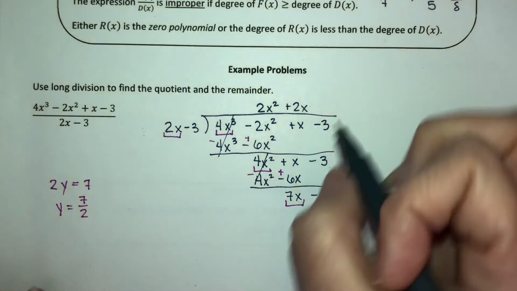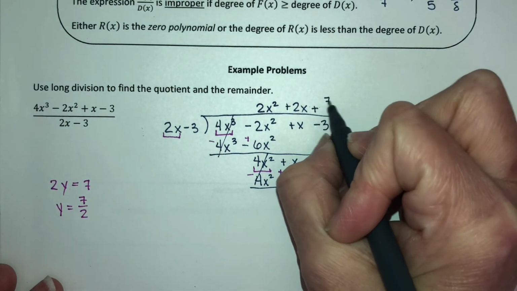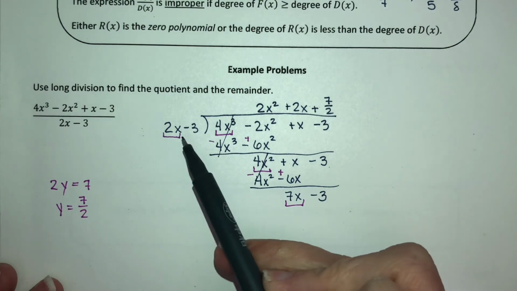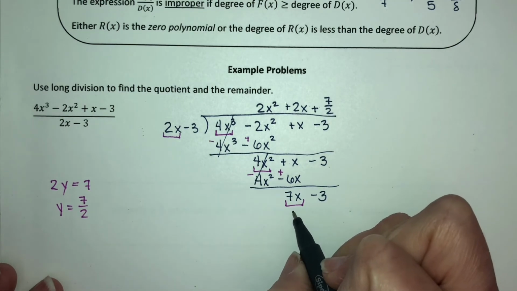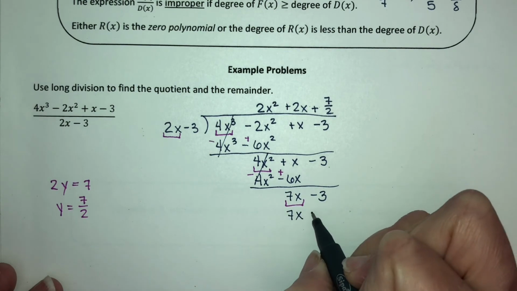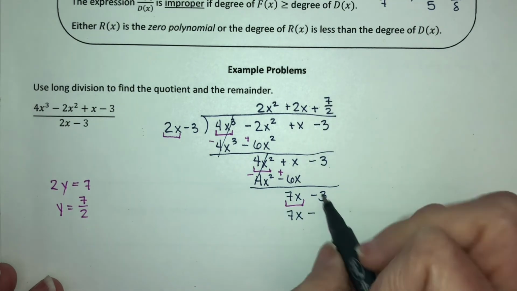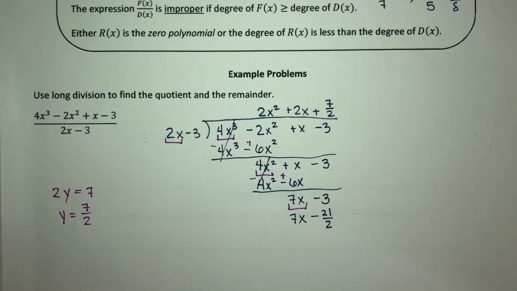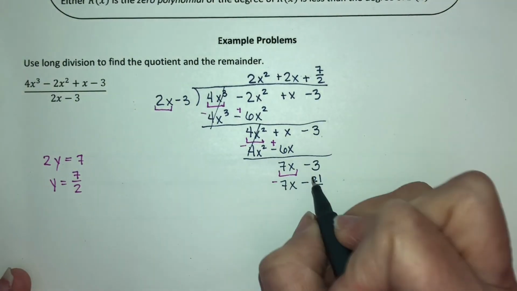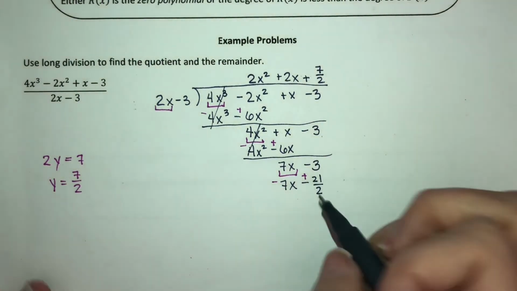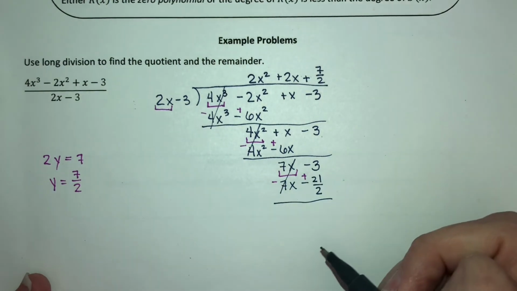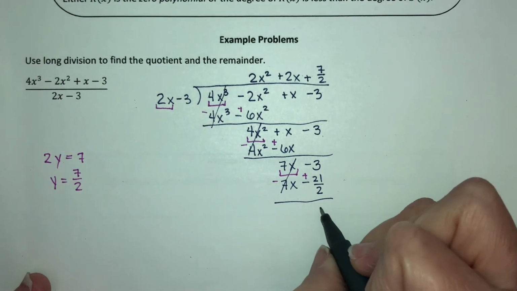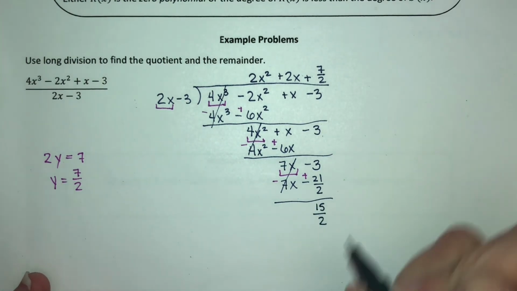So if I put a 7 halves here, and then distribute the 7 halves through this binomial, I get 7x minus 21 halves. Okay, change your signs. This cancels. Get a common denominator and subtract, and we get 15 halves.